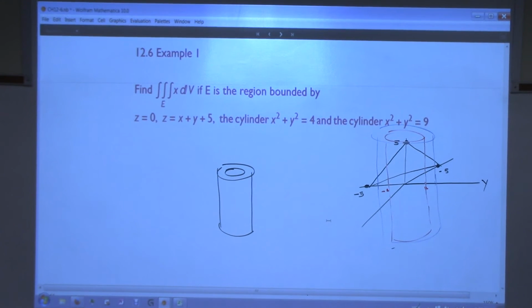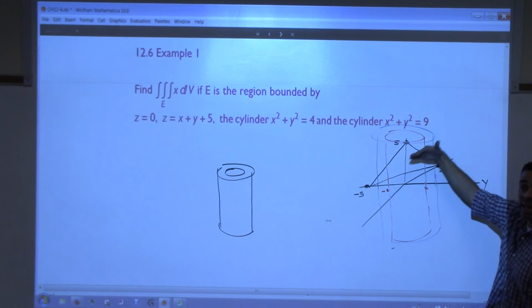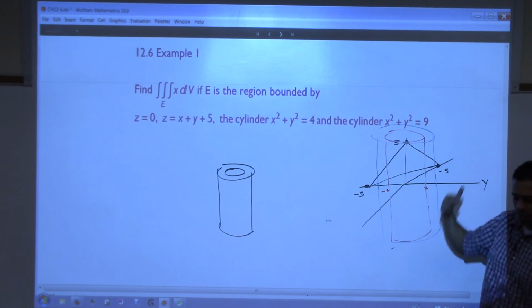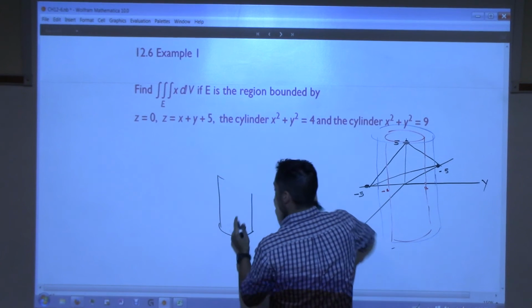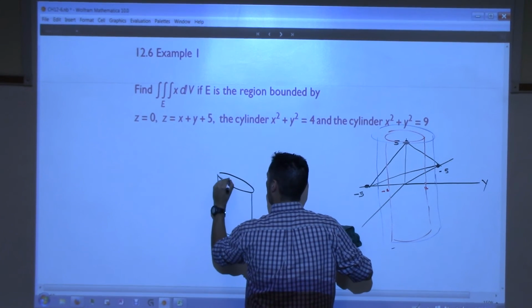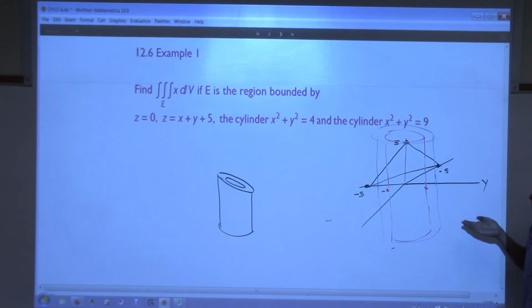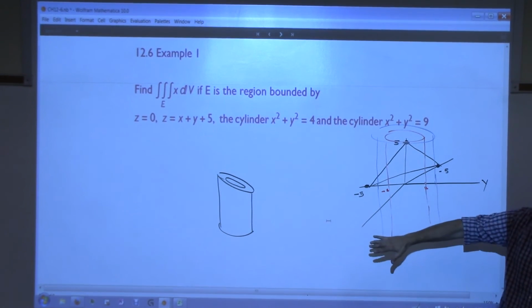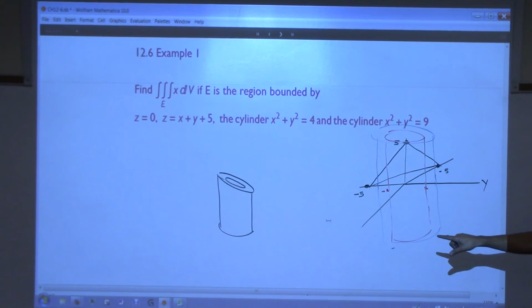But the plane is going to slice through this thing at some angle and cut through it. When it does, it's going to look more like this now. And the bottom of it is the XY plane, so it's just flat on the bottom. That's the region of integration.